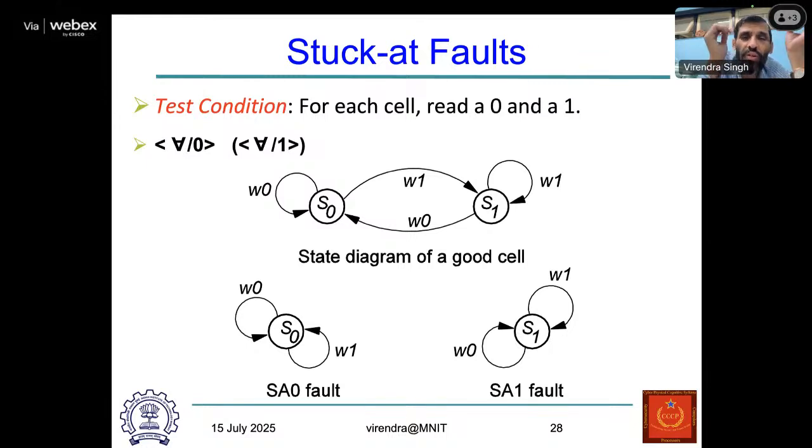Yes, sir. So now how to test this? So find out the test condition. In reality, what happens if I can make a state model of a cell? A cell can have only two states, right?